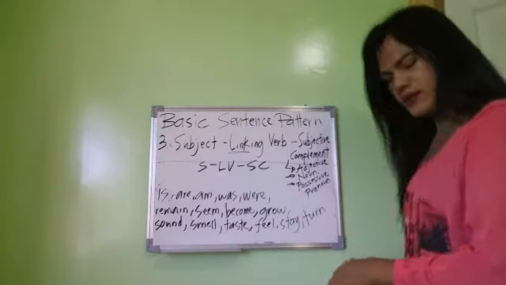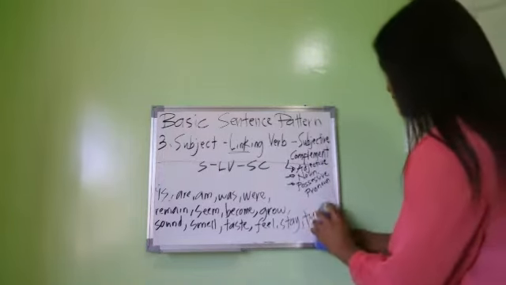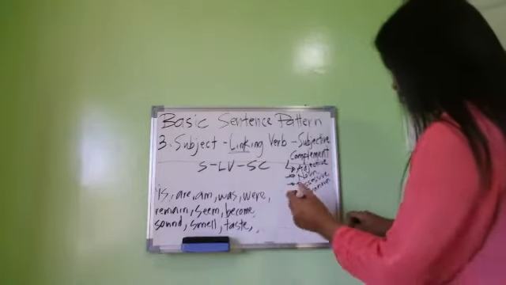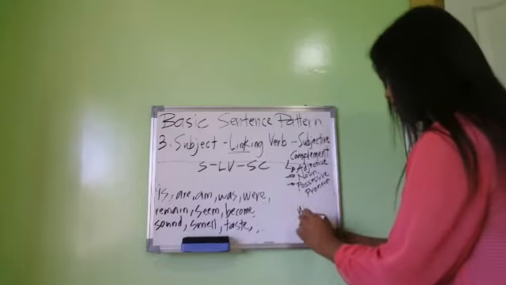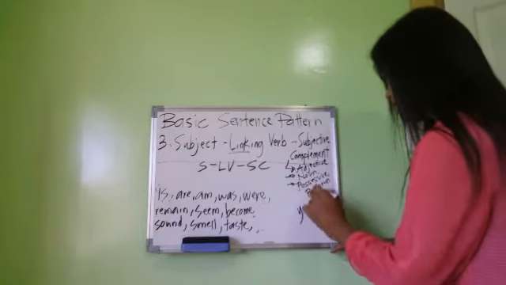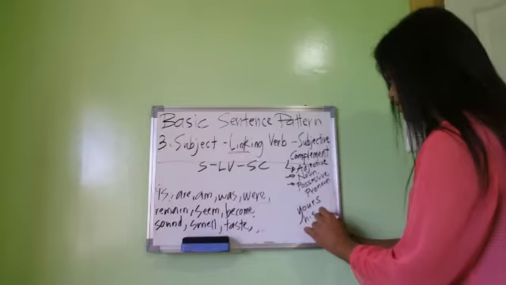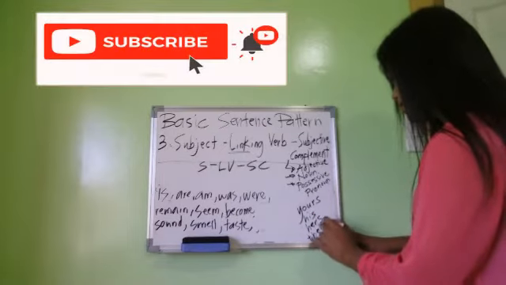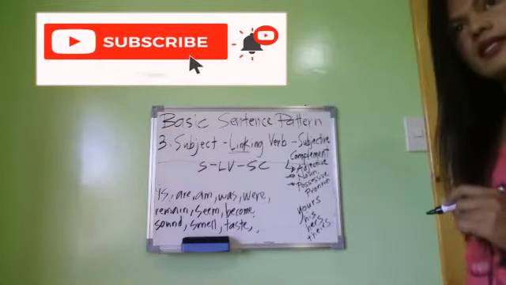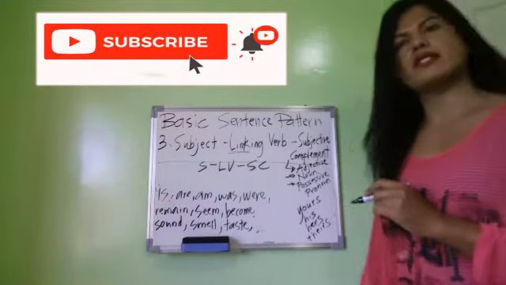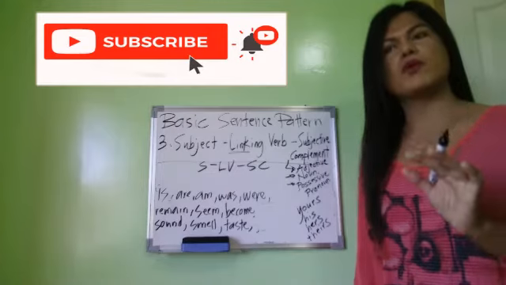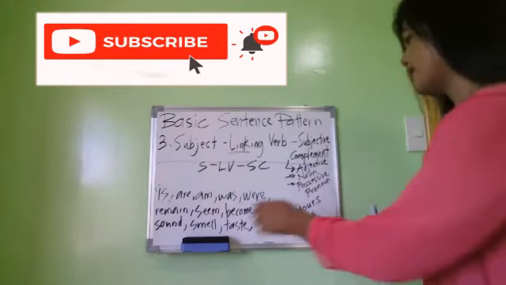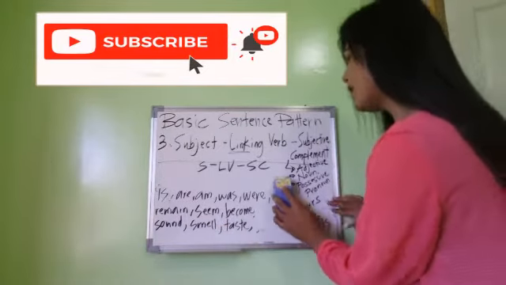And possessive pronoun, so possessive pronouns, these are your, like this, yours, like that, his, hers, theirs, like that, okay? Yeah, so these are examples of possessive pronoun, okay? So, and others.